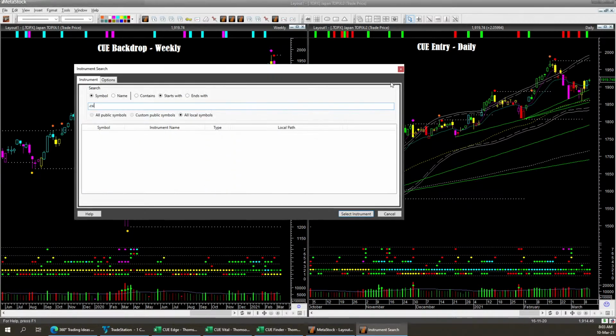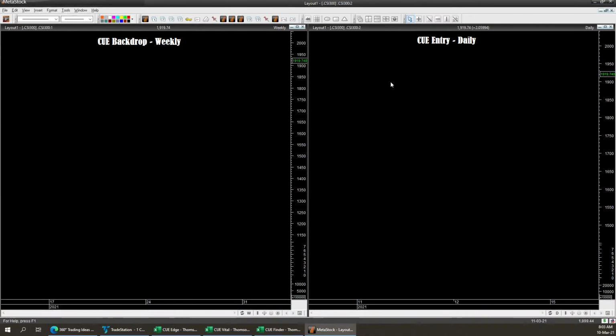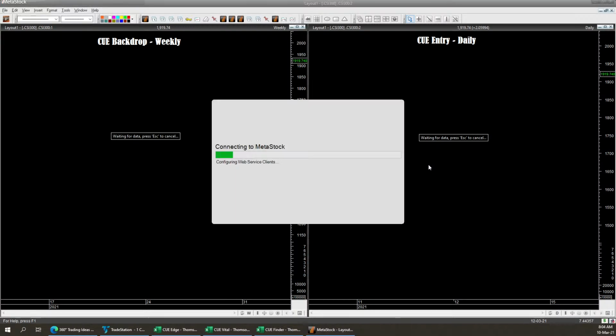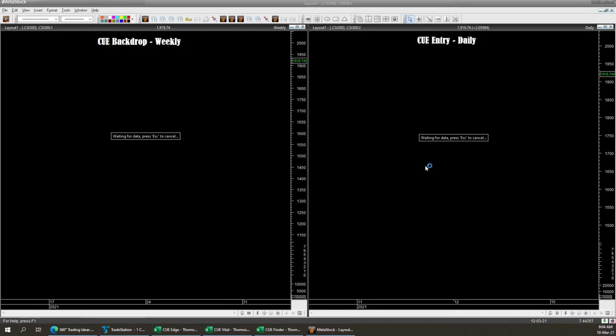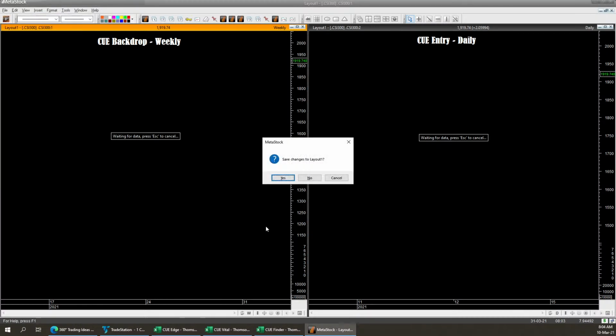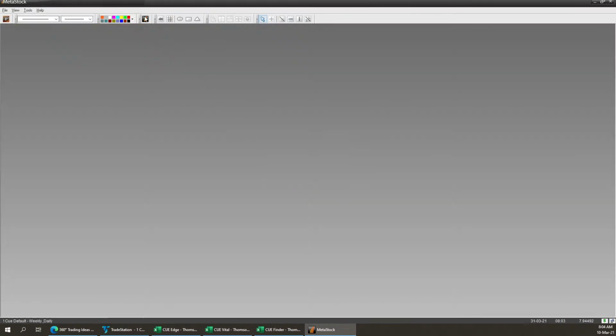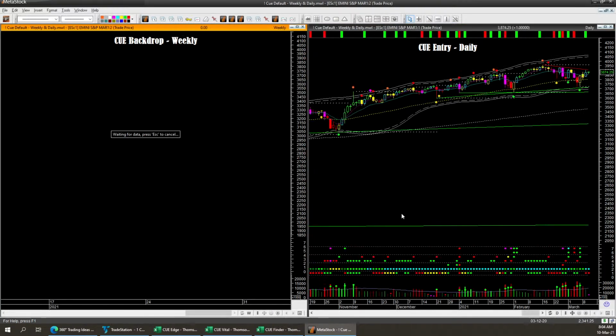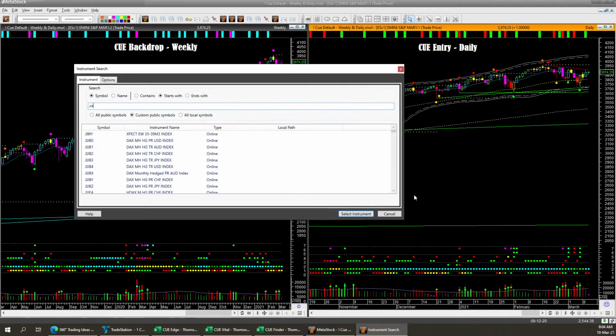China market, CSI 300 index. To reconnect again. Let me try to open again. Change to CSI 300.